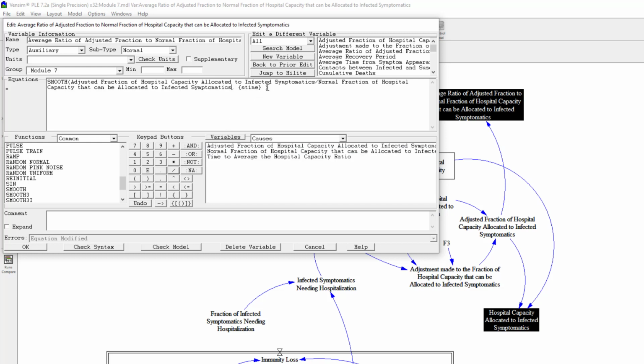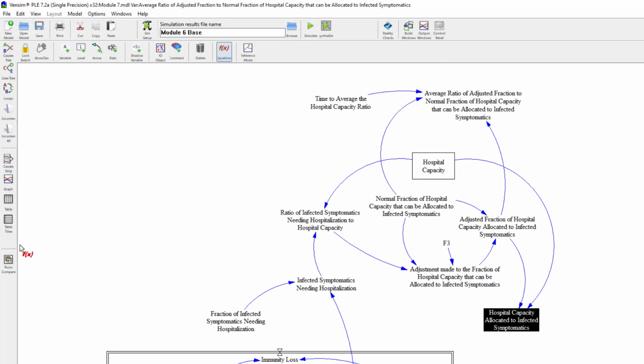And the smoothing time is going to be time to average hospital capacity ratio. Unit dimensionless. Click OK. So this will be the input for our burnout effect, which will use the table function.